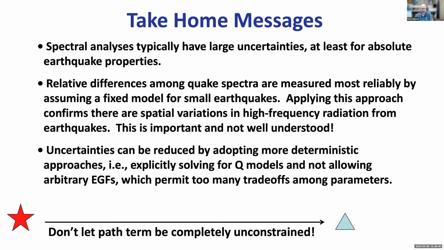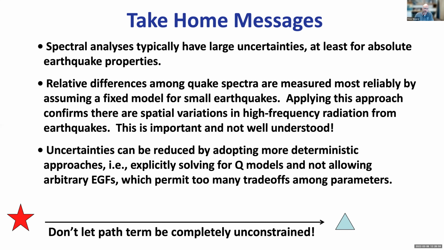Okay, so this is my last slide. And basically, I think I want to say that we can reduce the uncertainties if we fix the behavior of the small earthquakes.